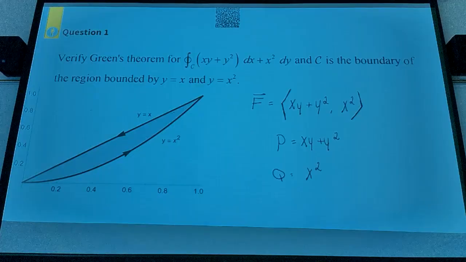We need to parameterize our path. What do you notice? If you're walking along that path, you essentially have two separate paths that you're walking, right?